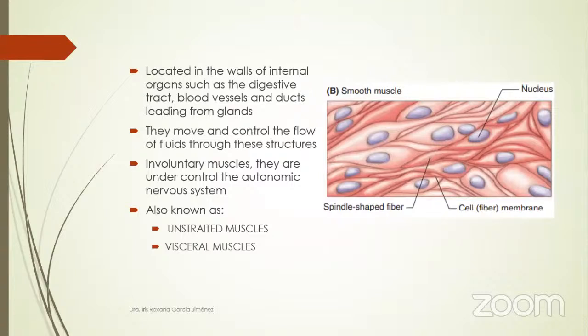They move and control the flow of fluids throughout these structures. Involuntary muscle, they are under control of the autonomic nervous system, also known as unstriated muscles, visceral muscles. Okay, thank you so much, Pamela.